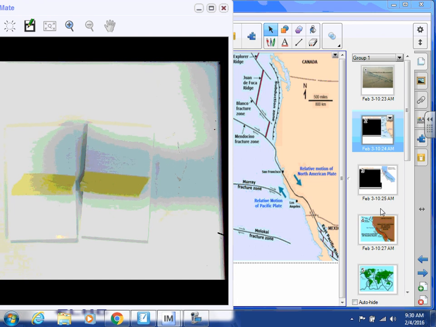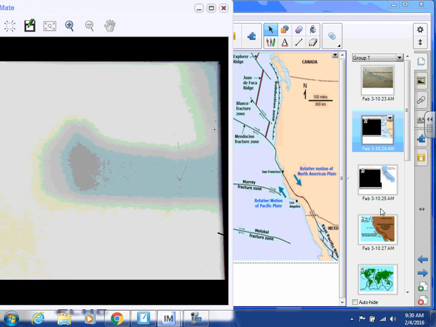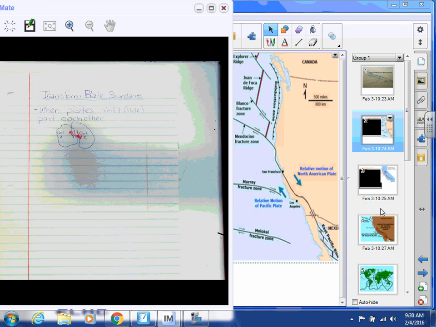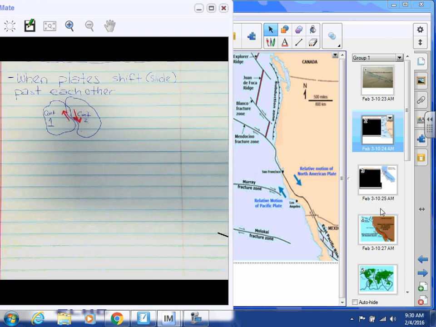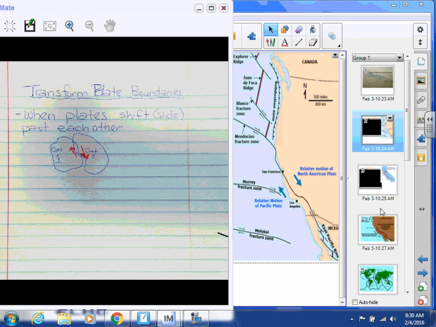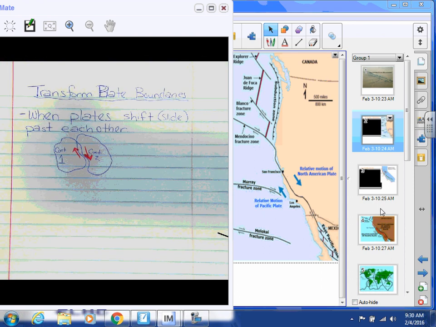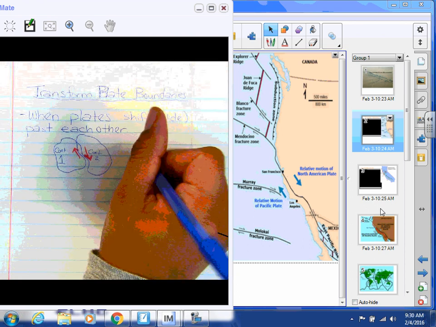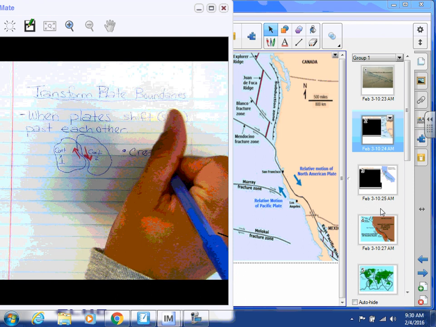So what's a word that we learned last year on an event or a feature? A feature when something breaks. Like, ooh, you broke it, it's your fault. So a transform plate boundary creates faults.